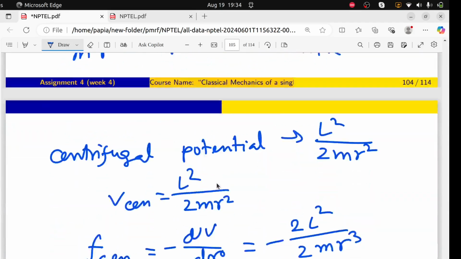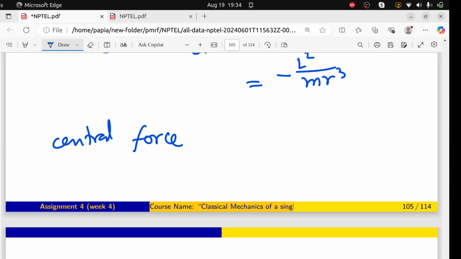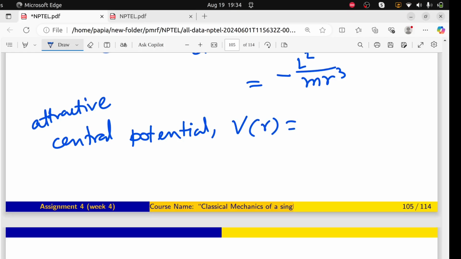Attractive central force. So the attractive central potential was minus k by r.